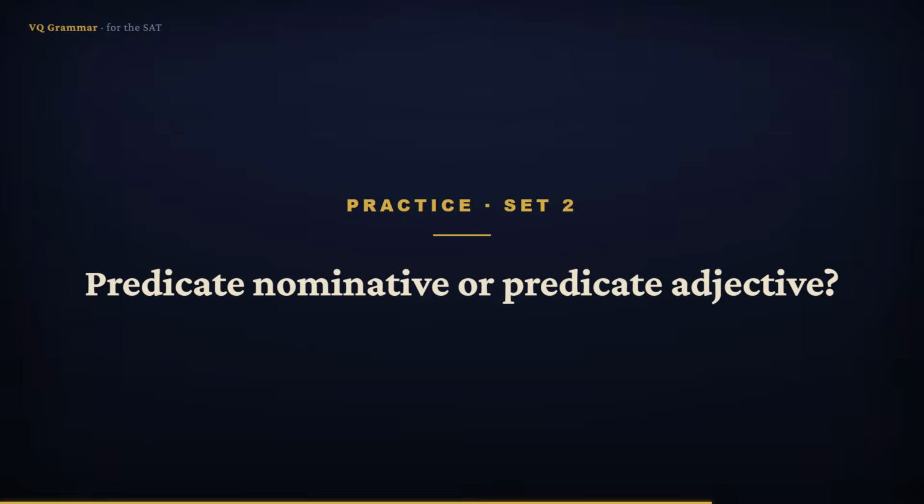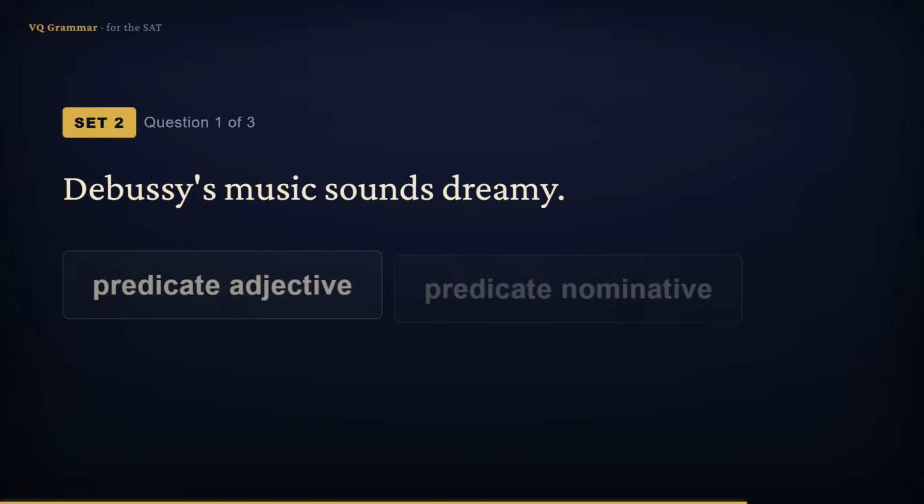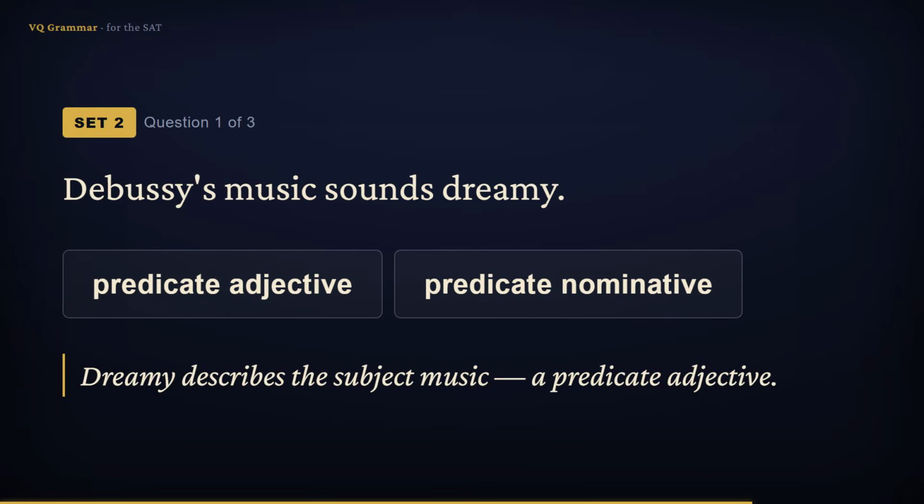Now the subject complements. After each linking verb, decide whether the complement renames the subject, a predicate nominative, or describes it, a predicate adjective. Pause and try each. Debussy's music sounds dreamy. Sounds is linking, and dreamy describes the subject, music.